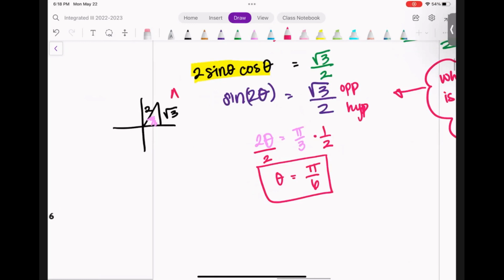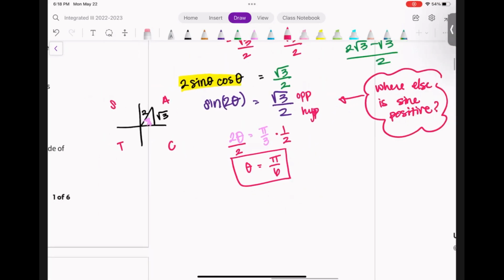You either take it to here, all students take calculus, or you realize that sine is the y variable, so I'm really asking where else is y positive. And you're like, oh, it's the upper quadrants, first and second. So here's going to be my second answer as well. This guy here, which means that 2 theta also equals 2 pi over 3.